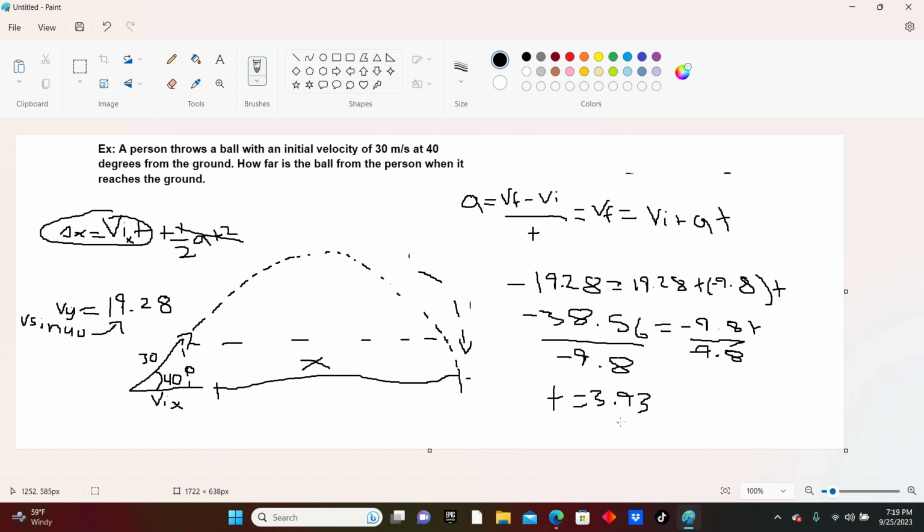Then we can do the same process from there, plugging this into the delta x equals v_ix times t equation as we did here, and we'll get the same answer. Those are some shortcuts you can use if the ball is released from the same position and drops to the same vertical position.